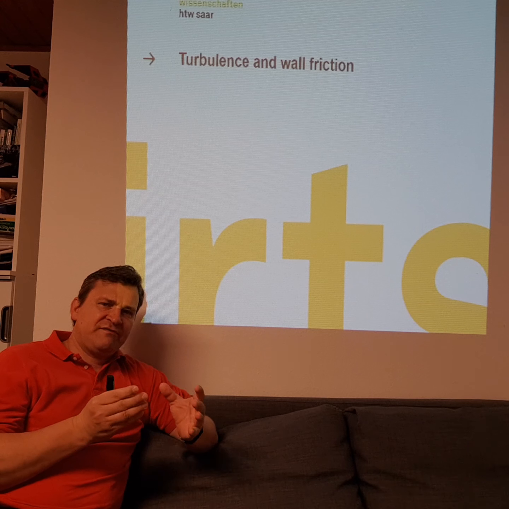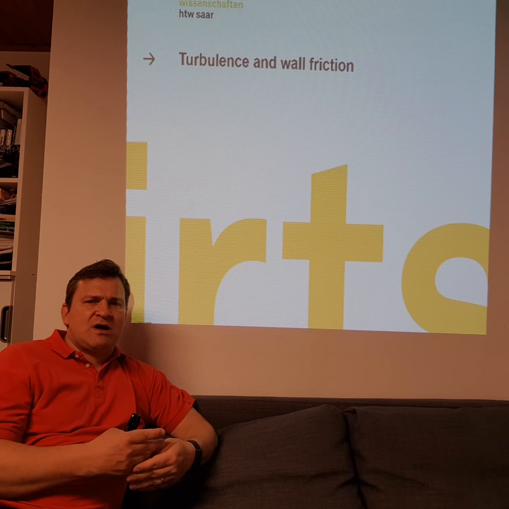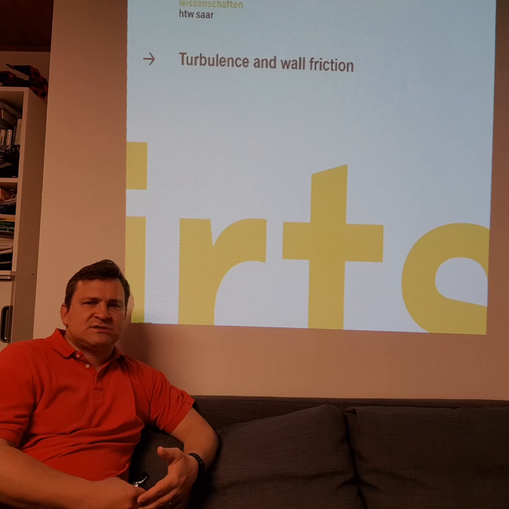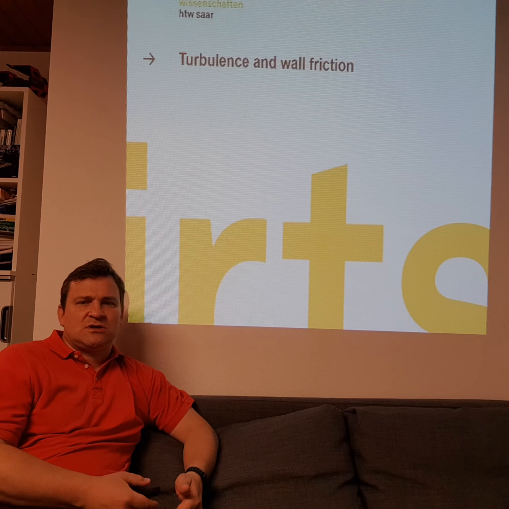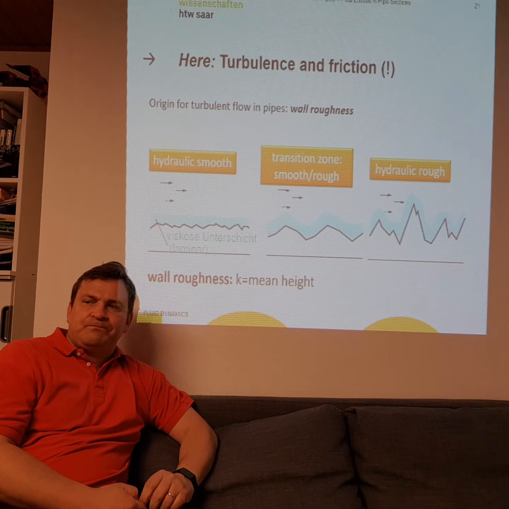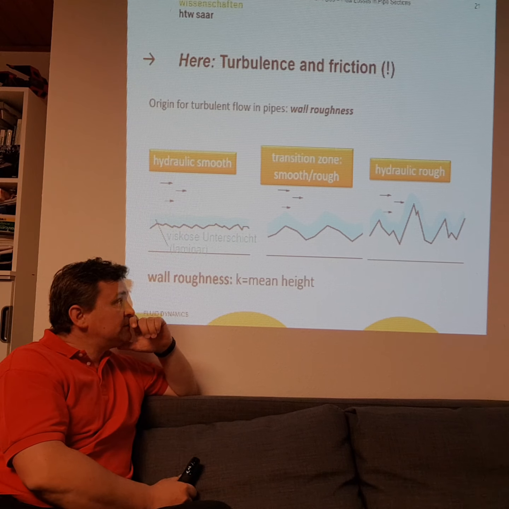So if you have a rough wall and turbulent flow, you will need much bigger pumps and higher pressures to use this pipe system than if you compare it with a pipe system where you have flat walls without any roughness. Here is also something about turbulence and friction.